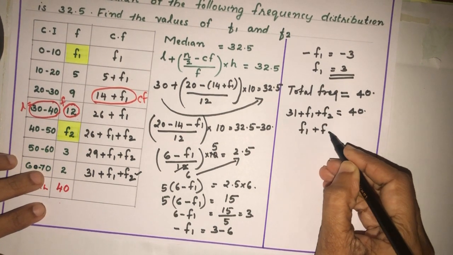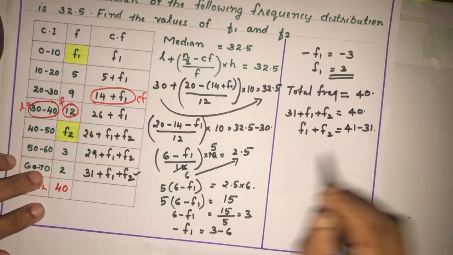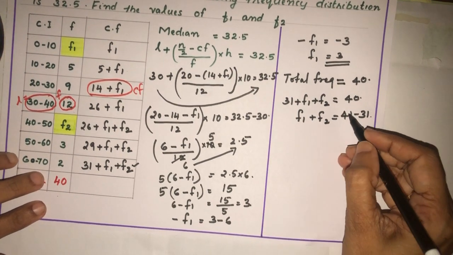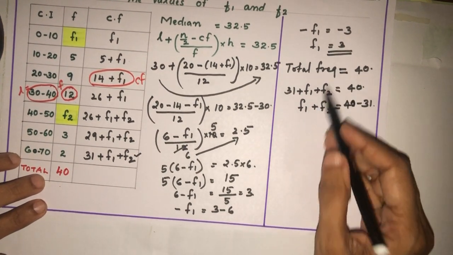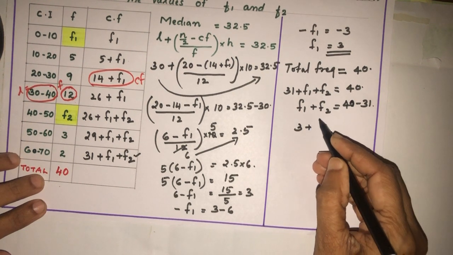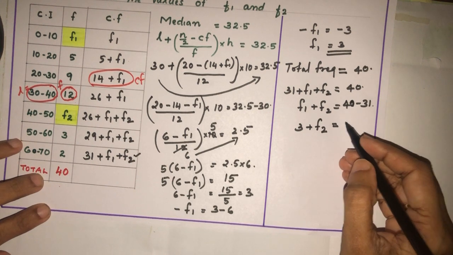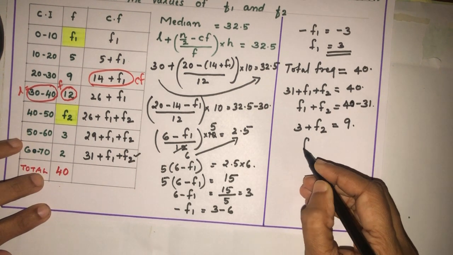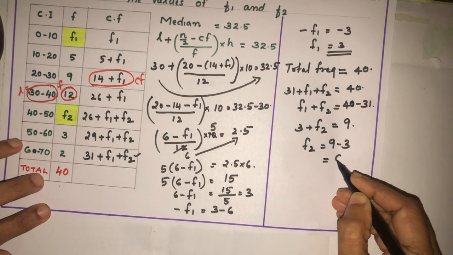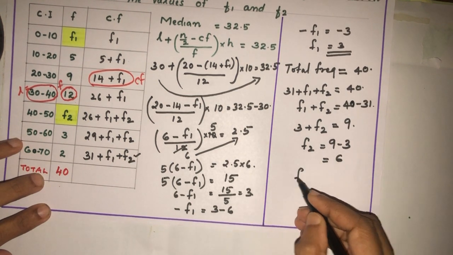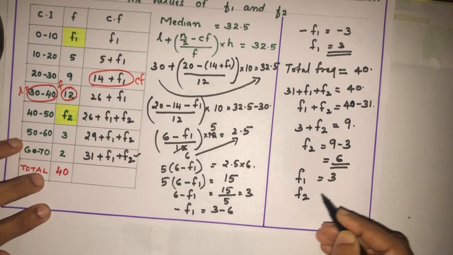F1 plus F2 equals 40 minus 31. We got the value of F1, so 3 plus F2 equals 40 minus 31, 9. So F2 equals 9 minus 3. It is 6. So we got the missing frequencies F1 as 3 and F2 as 6.